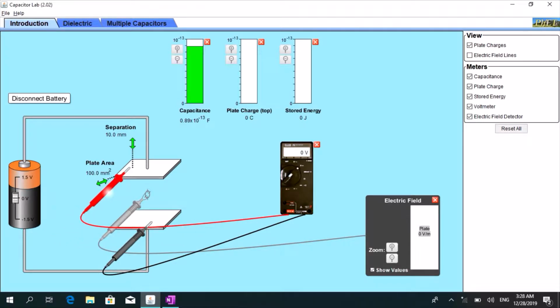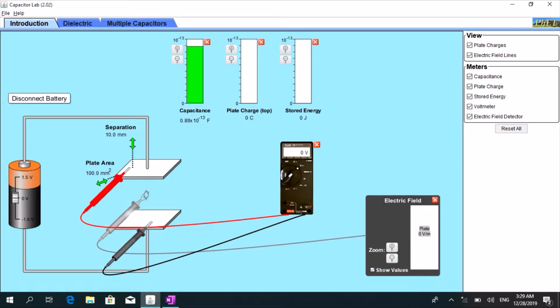When we have 0 volts, we don't have any plate charge here, and we don't have any stored energy. Let's see what will happen to the electric field lines, and we have an electric field tester. This probe, I will put it between the two plates.